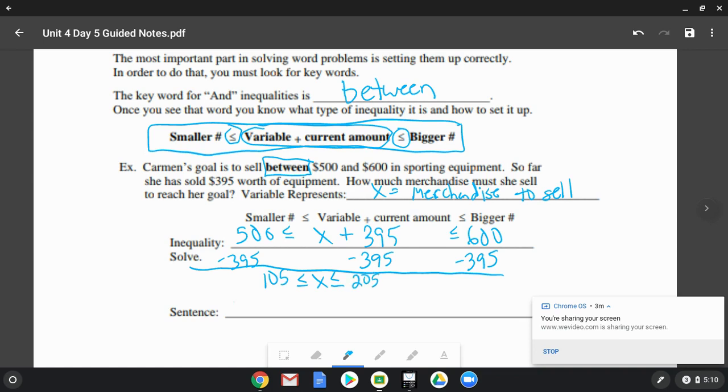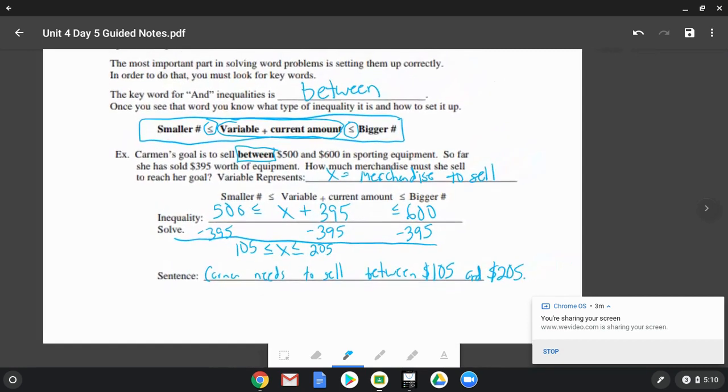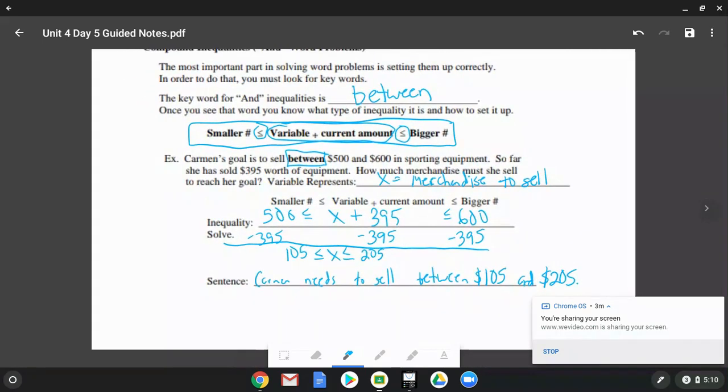So the sentence would be, Carmen needs to sell between $105 and $205. So that's what Carmen needs to sell between in order to hit her goal, because it says it's Carmen's goal. So that's the setup every single time. Smaller number on the left, bigger number on the right, less than or equal to for both inequalities, and then the middle is the hardest part, where you got to figure out what to plug in there based on what they tell us. So let's go on to the next page.